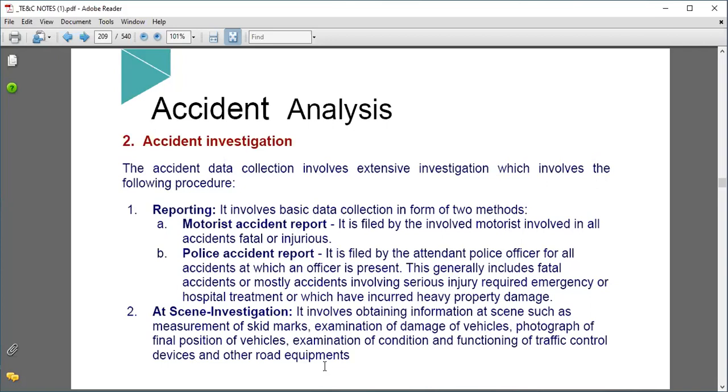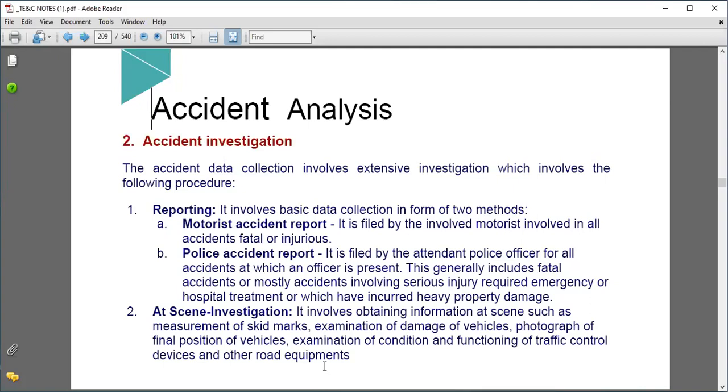The motorist report is filled by the motorists involved in all accidents, fatal or with injuries. Means whatever information is reported by, first, the driver who was in the accident, and second, the police who will make a report of the accident.